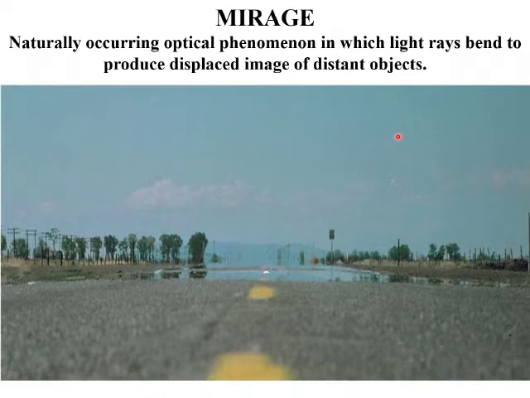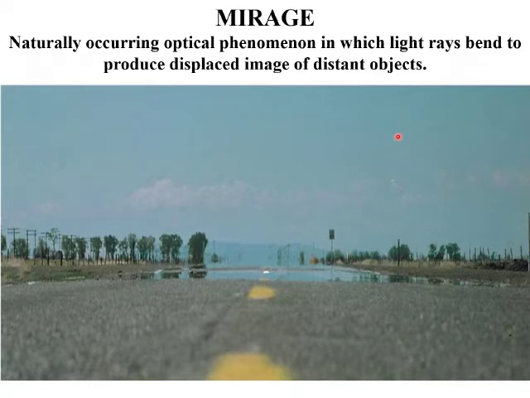This phenomenon is related to refraction of light, and now we are studying the examples of refraction of light from our everyday life. Out of these examples, the very first one is mirage.